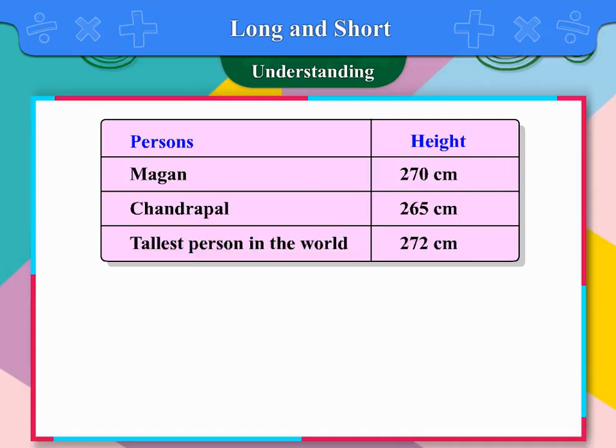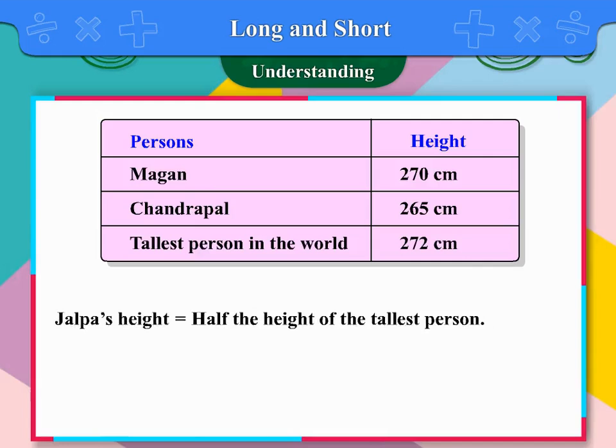This means Jalpa's height is half the height of the tallest person. Therefore, to find Jalpa's height, we will have to halve the height of the tallest person. Half of 272 is 136. So, Jalpa's height is 136 centimeter.